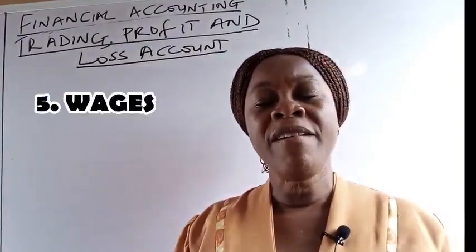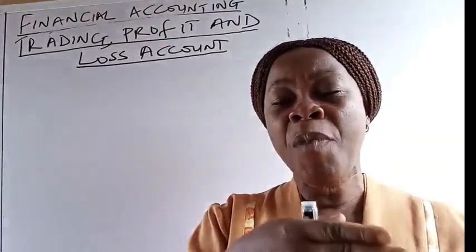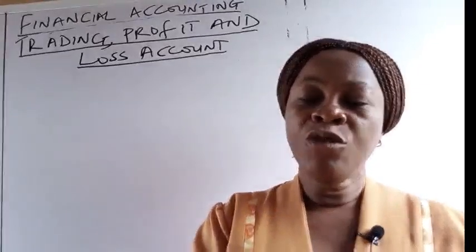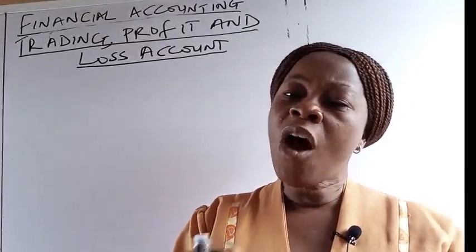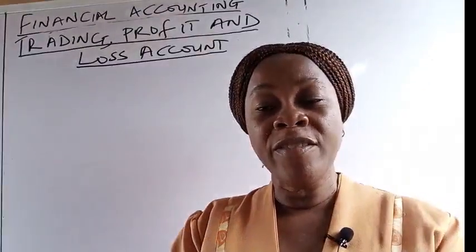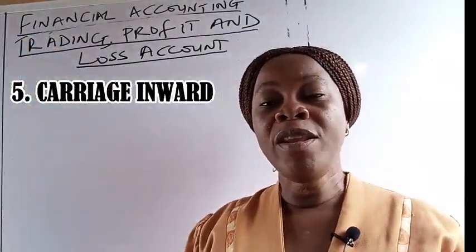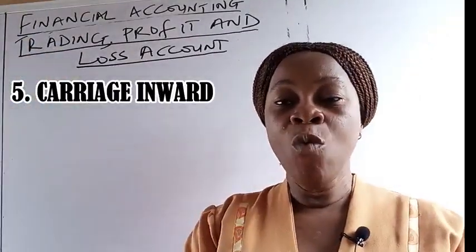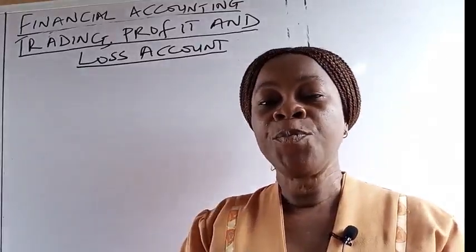Whenever we are making reference to wages, it has a direct impact on the purchases. So wages will be added to purchases. Then the cost of transporting the goods from the place of purchase to the trader's shop, which is known as carriage inwards, will be added to the purchases.